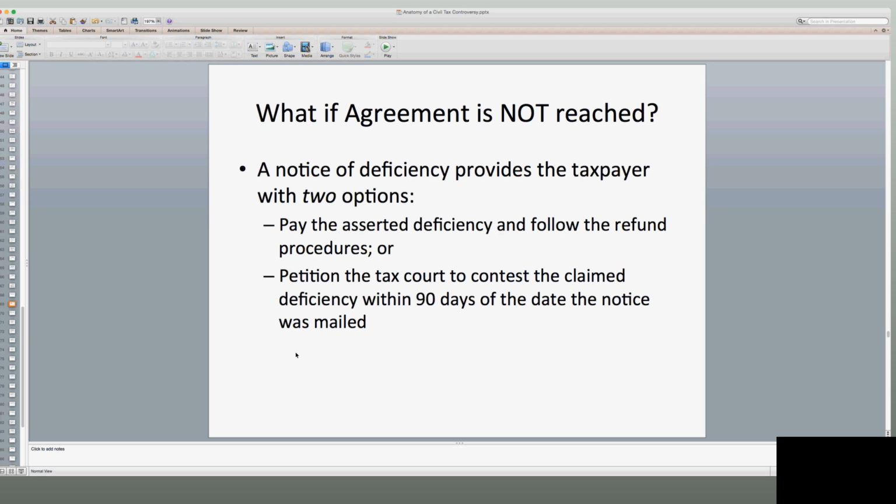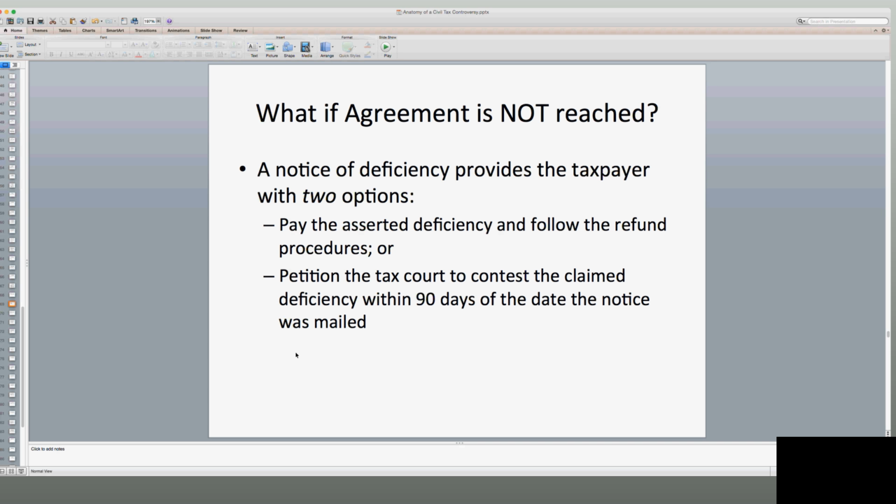While the taxpayer does have that second option of petitioning the tax court, what usually happens is the smart taxpayer does a balancing and knows that petitioning the tax court is going to cost money in the form of hiring a tax attorney or paying his or her tax professional more money to file the petition without any guarantee that they will win.